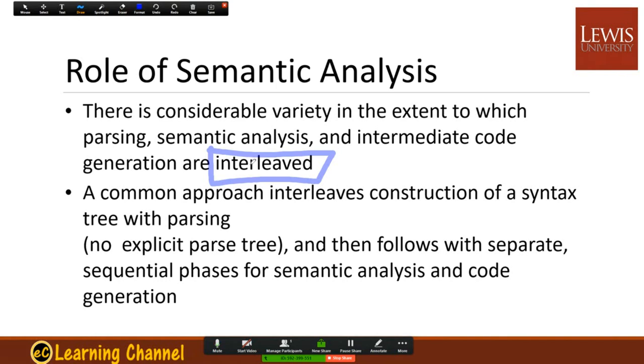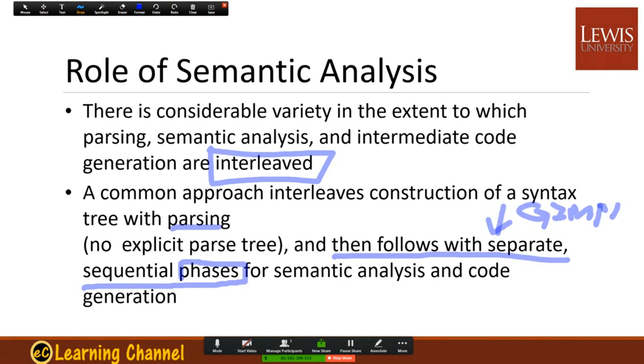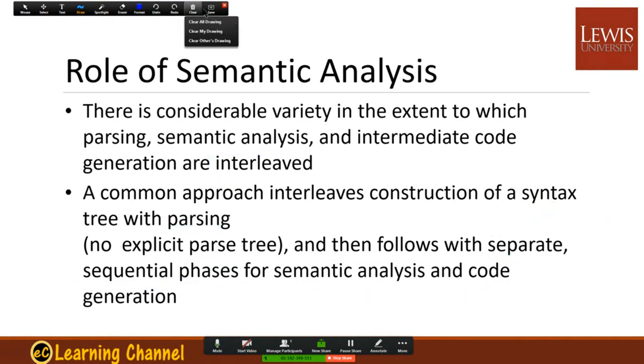A common approach interleaves construction of a syntax tree with parsing, followed by separate sequential phases. The parsing goes up to GIMPLE, and after GIMPLE you have optimizing and register allocation, which are no longer related to the parser.